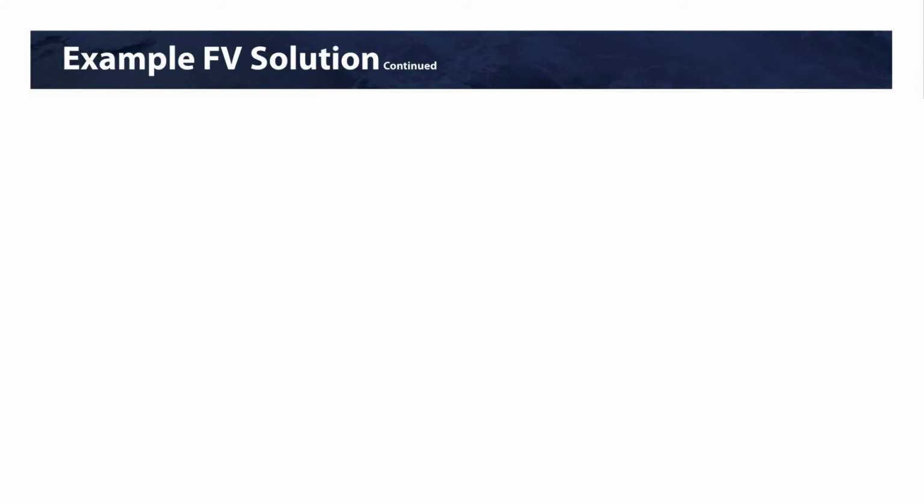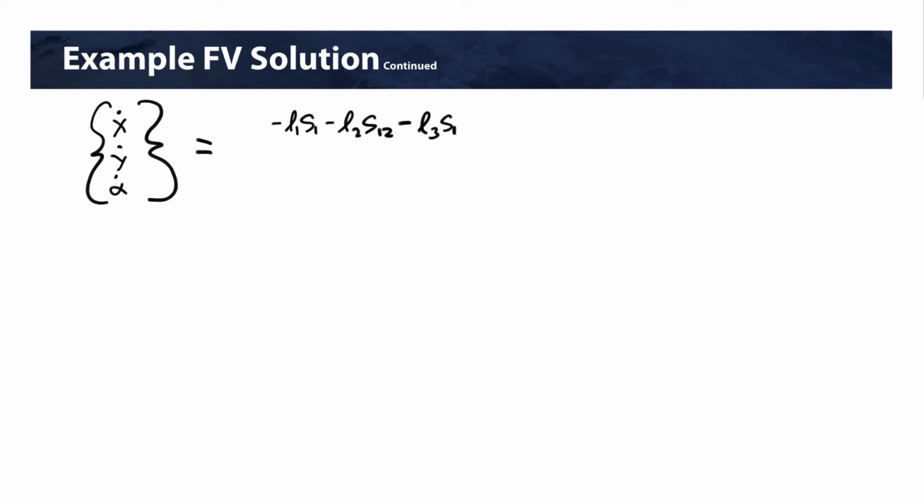We'll get x dot, y dot, and alpha dot equal to a matrix, and I'll just write it out quickly. The first column has all the terms that multiply our first joint rate, theta 1 dot.